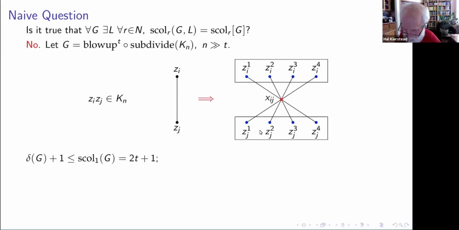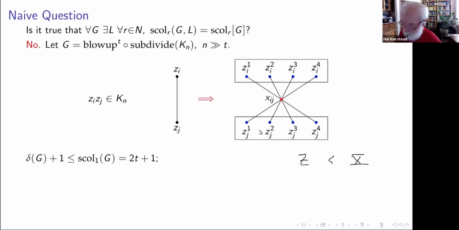If you do this, you can calculate that the strong one coloring number of the graph is 2t plus something. I should have said, the blow up is the t, it's smaller than the n by a lot. N is the size of the picture. This is just the minimum degree of the graph. You can put all the x vertices at the end, and all the z vertices at the beginning.